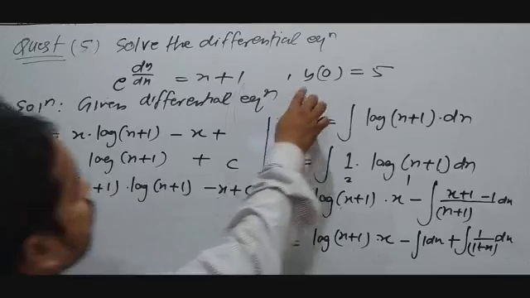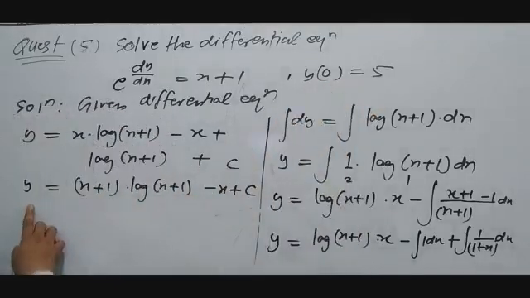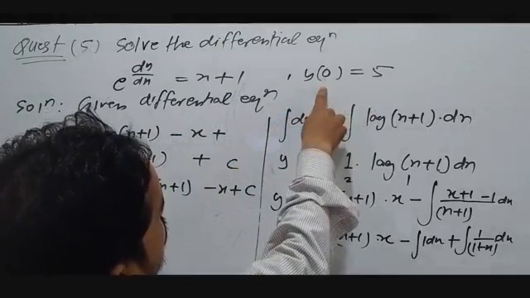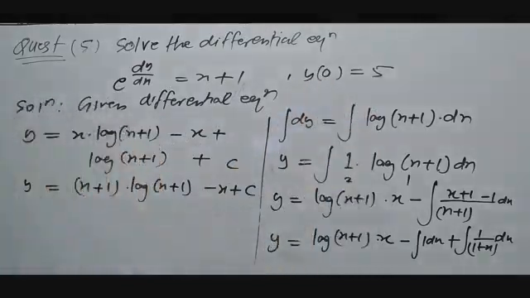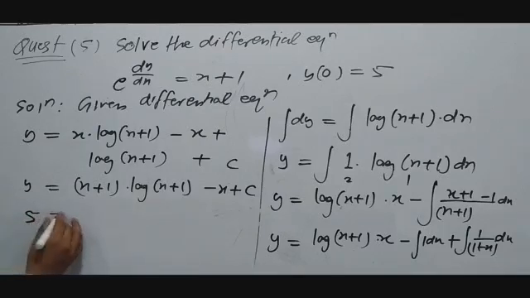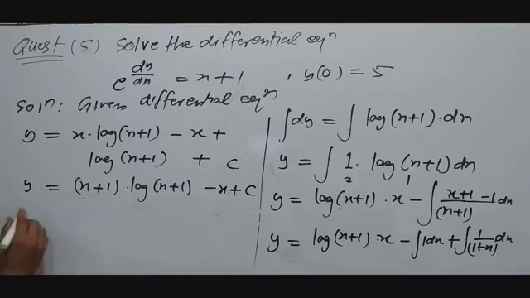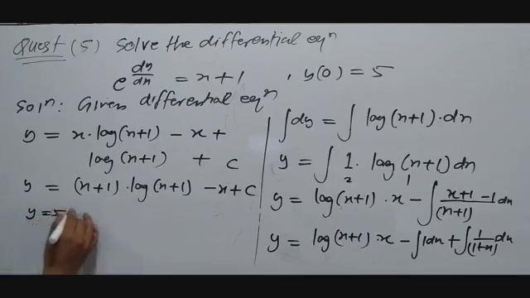Since it is given y of 0 is equal to 5, that means when you put x is equal to 0, you will get y is equal to 5. Then I am putting the values. So what will you get as the result? 5 will be equal to, in place of x you have to put 0, y is equal to 5 and x is equal to 0.